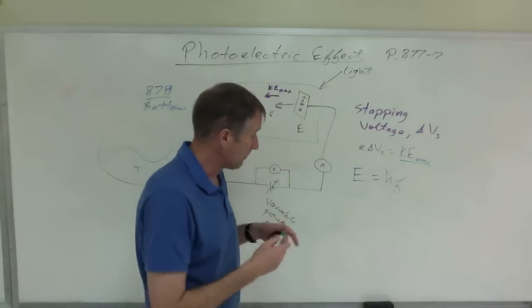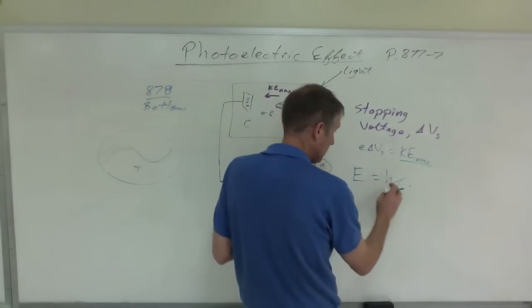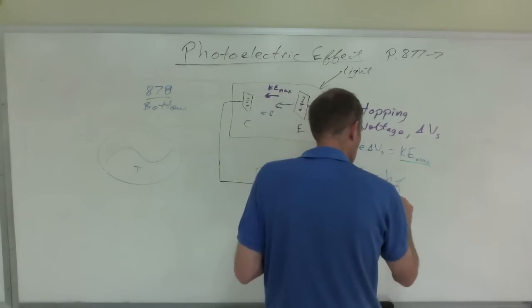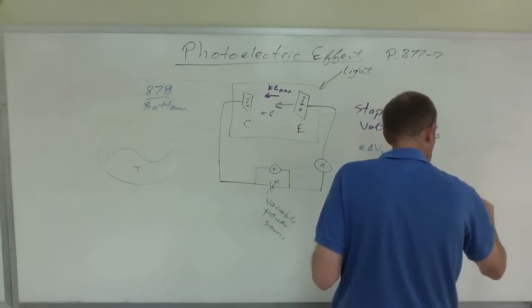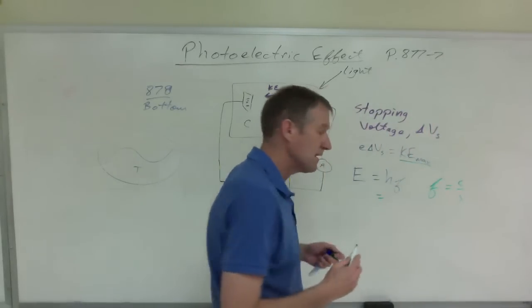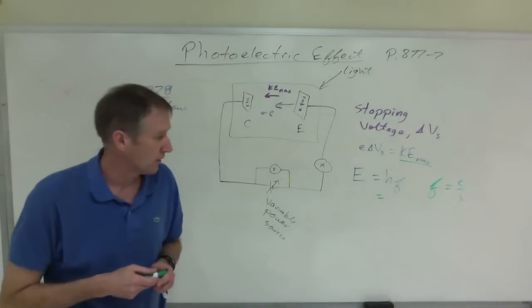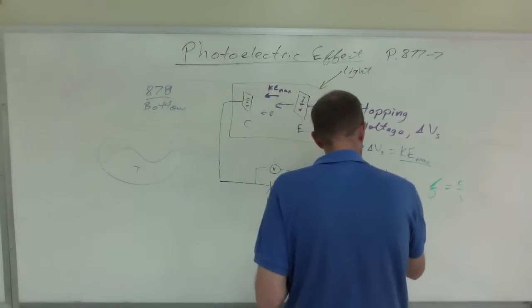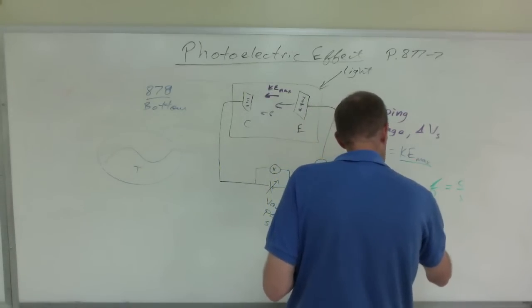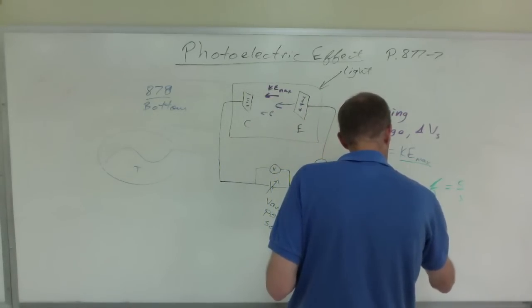By the way, you know that energy equals hf. You also know that f equals c over lambda. And more often than not, we talk about wavelengths instead of frequencies. So this can be written as E equals hc all over lambda.